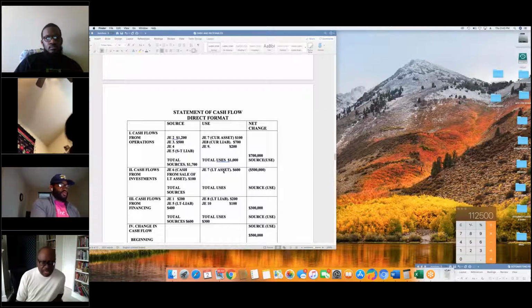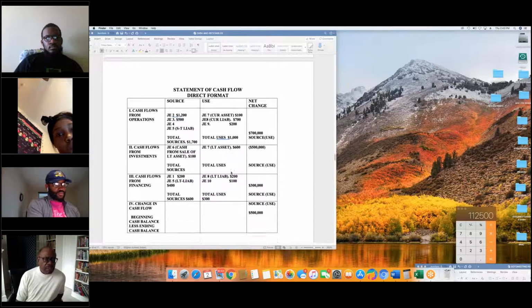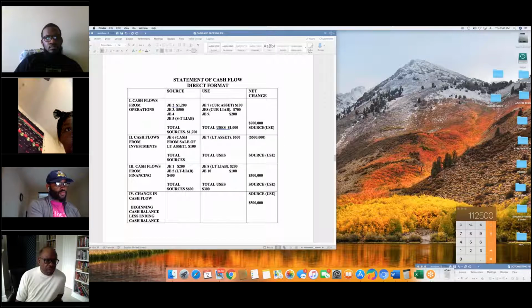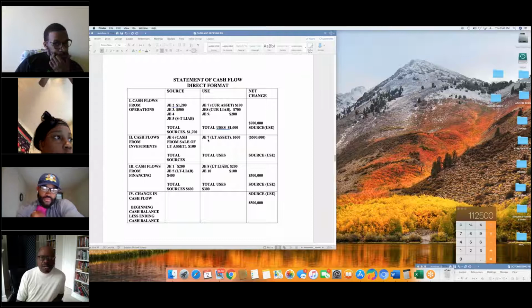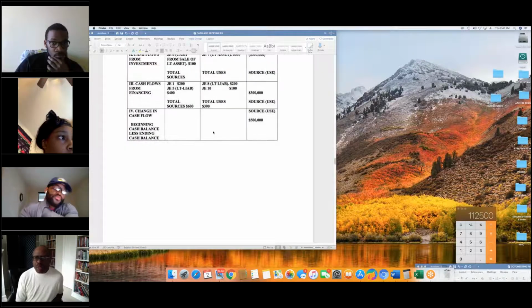Purchasing a long-term asset is in part 2 as a use. Then journal entry 1 is a source financing, and so is journal entry 5 if it's a long-term liability. Payment of a long-term liability, journal entry 8 goes here, and dividends go here. So this chart tells you where each journal entry goes. Once you determine the type, you come to the chart and figure out where you need to go.